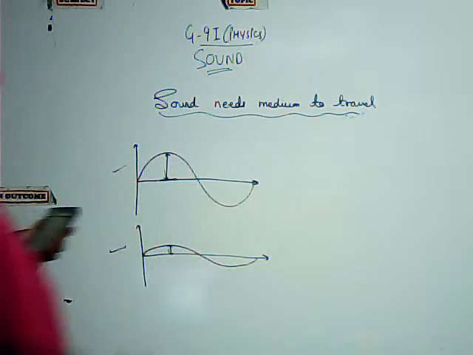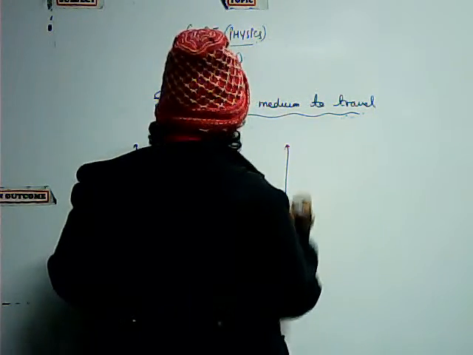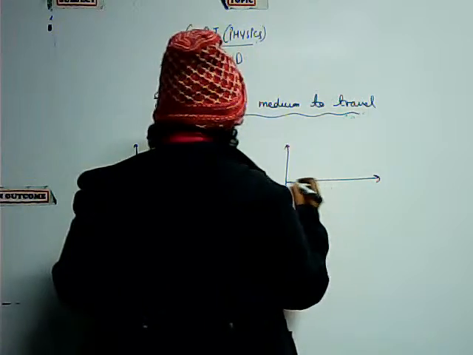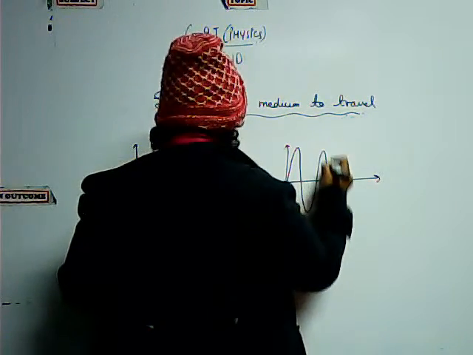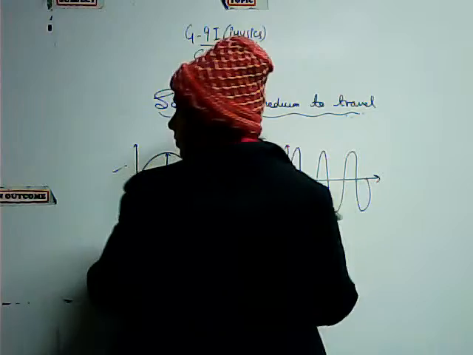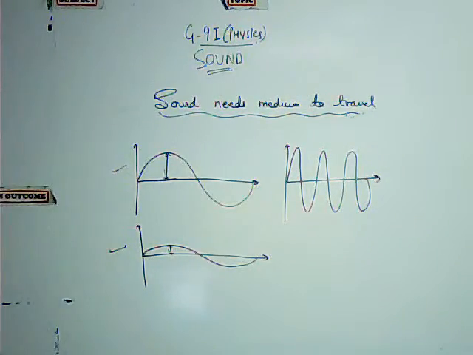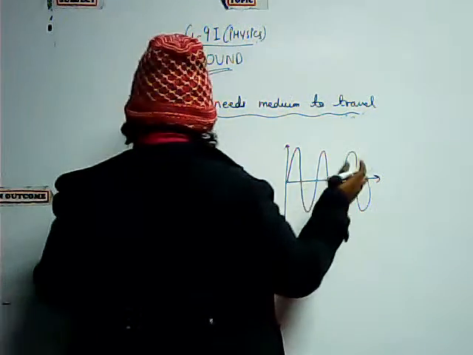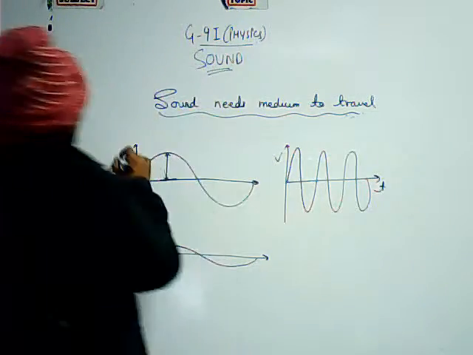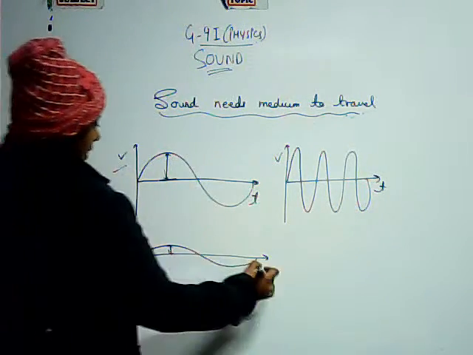Now the next diagram you are going to have it like this. It goes like this. Fine. And now the next you have it like this. One side you have voltage, one side time. ठीक है, ये मैंने लिखा नहीं है. You can have it like this, voltage time.